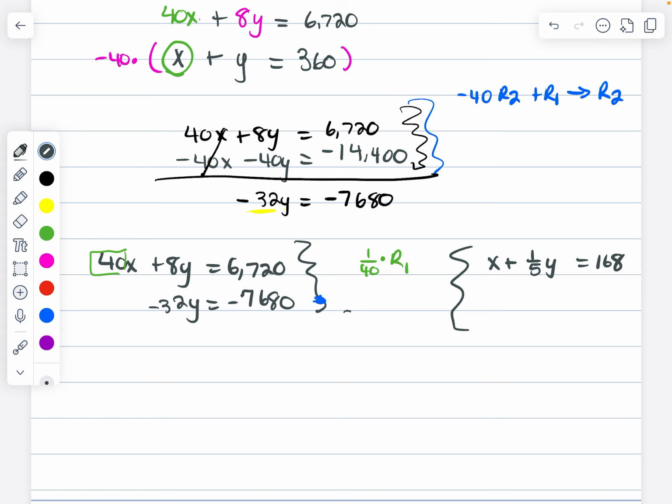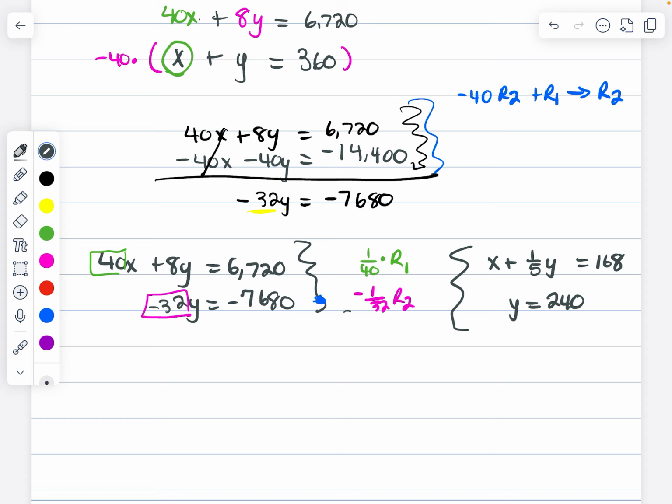Then it says multiply each by its reciprocal, so we multiply the second equation by negative 1 over 32. That result gives us y equals 240.